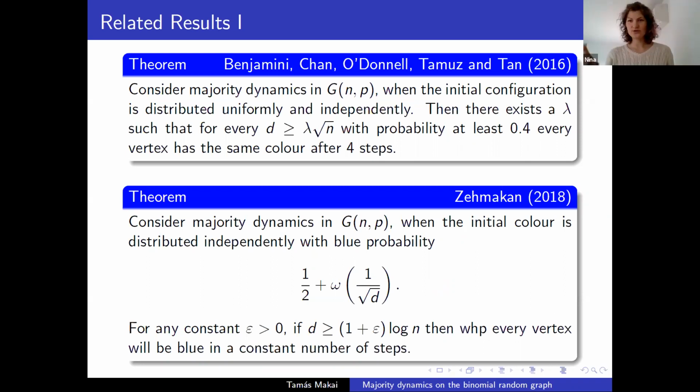So you would want to use anti-concentration at the level of each neighborhood to prove that? Morally, what happens is that once you have a slight bias, the dynamics amplifies it. As we've seen in Tamás's talk, if you have a square root n discrepancy, then after 2 steps it's amplified to almost everything.